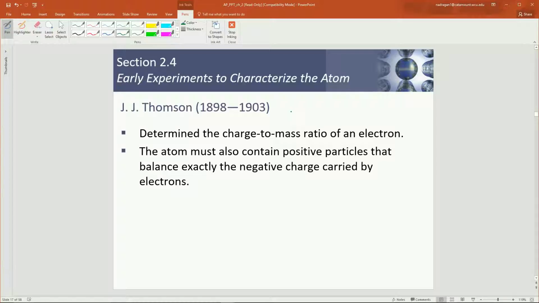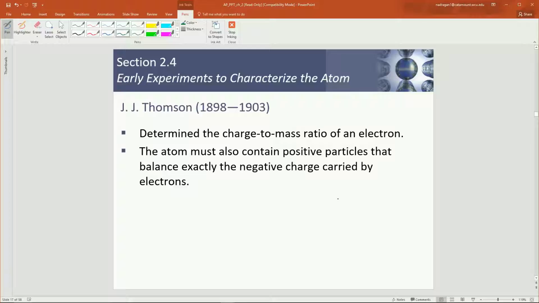The first experiment that we're going to talk about is J.J. Thomson's experiment. His experiment ended up determining the charge to mass ratio of an electron.